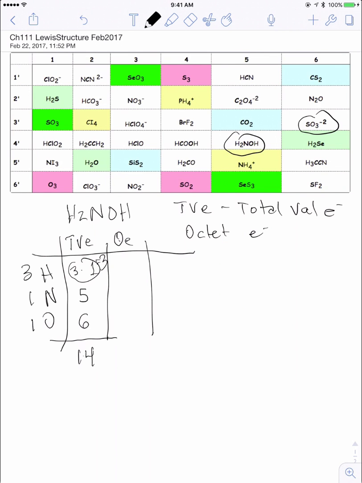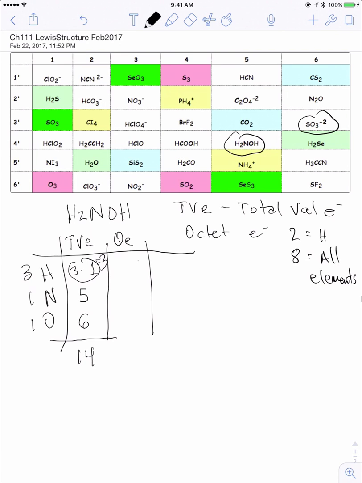Now, the octet electrons can only take on certain values. It's 2 if it's hydrogen, and it's 8 for every other element. So this is pretty easy to remember, because the number that you put here is either just 2 or 8.